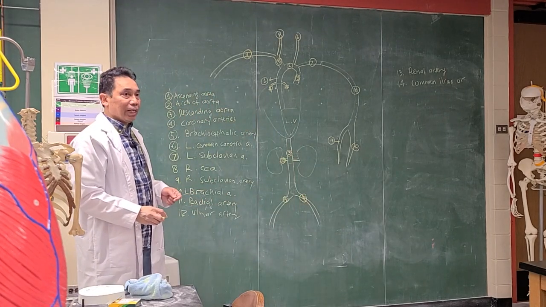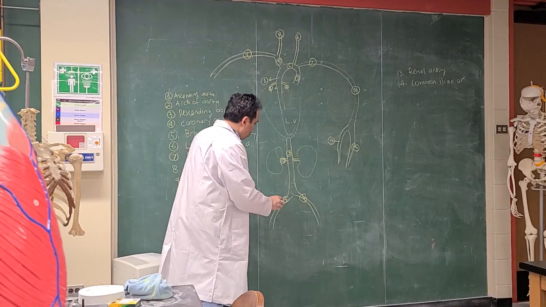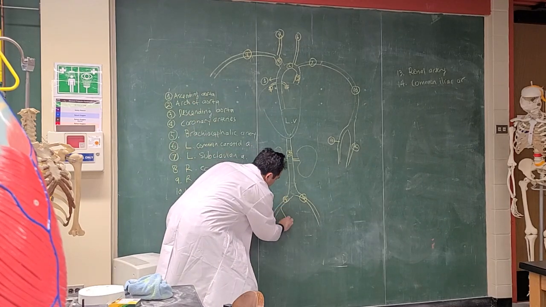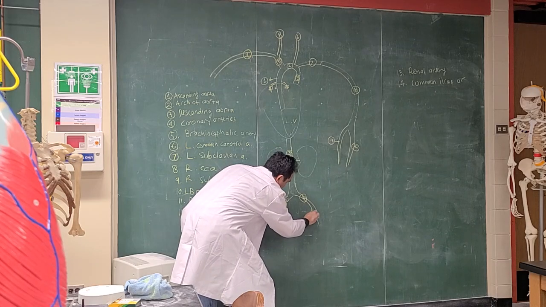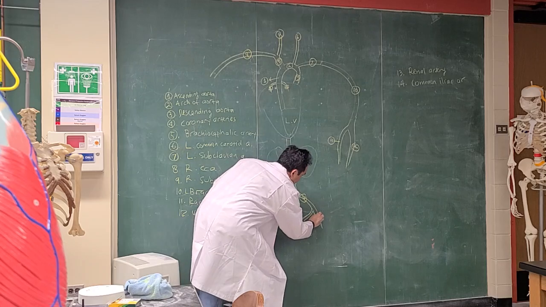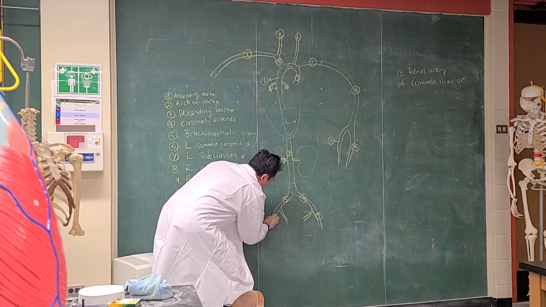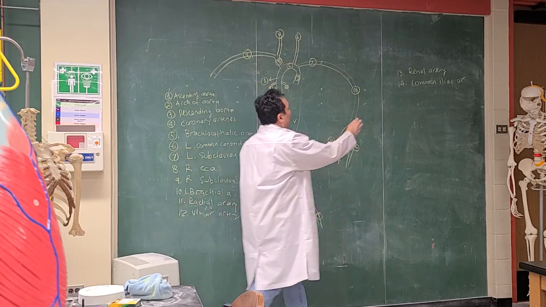Then this one, the common iliac artery, will branch into two. We're going to put number 15 over here on the outside. On the outside, number 15.